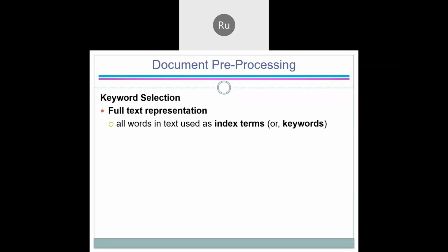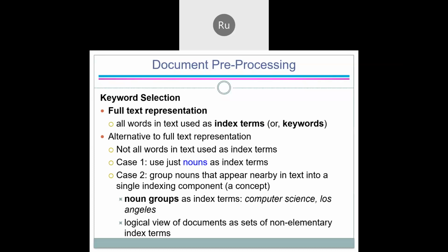And then we go for keyword selection. We only look at certain keywords and then the nouns, for example, science, iOS, Angeles, and so on. This is just to produce the list of relevant keywords that we want to store in our vocabulary database.